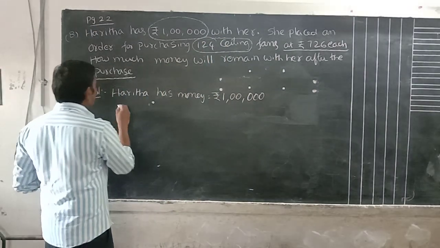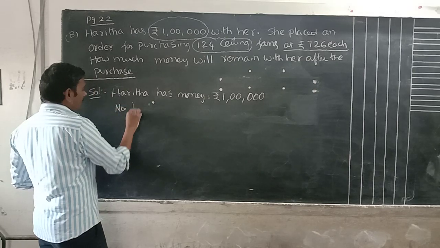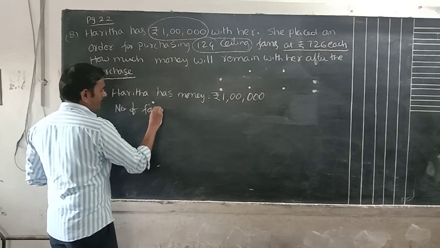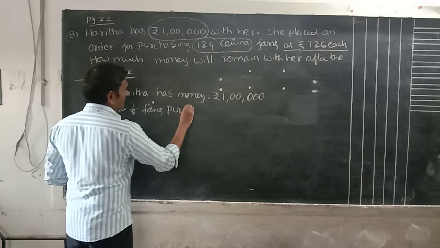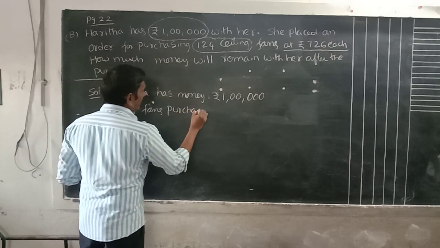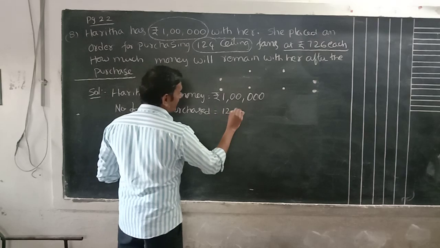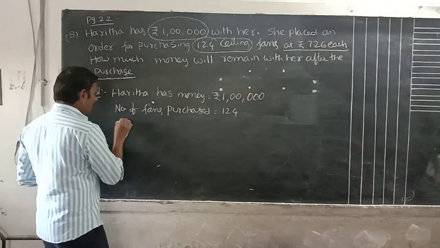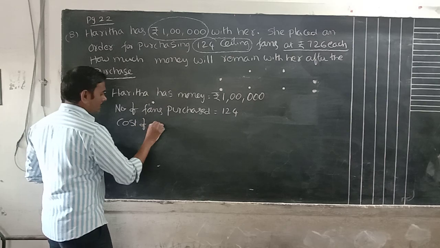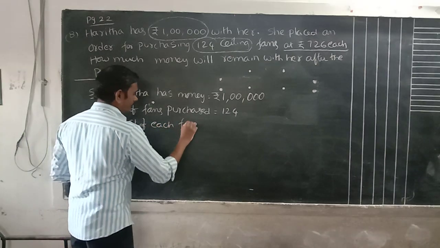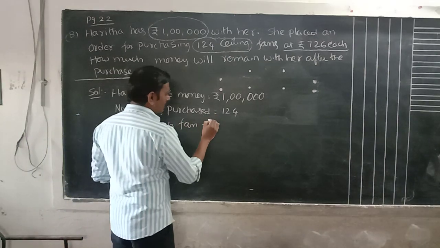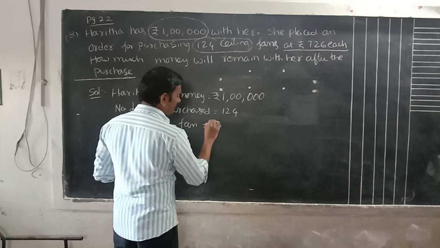Number of fans purchased is equal to 124. Cost of each fan equal to 726 rupees.